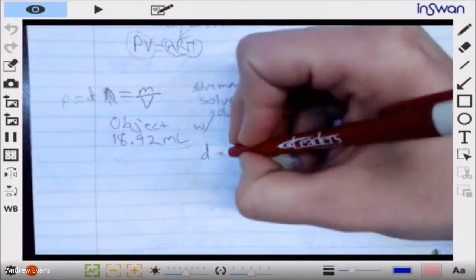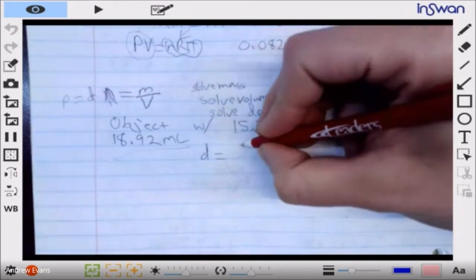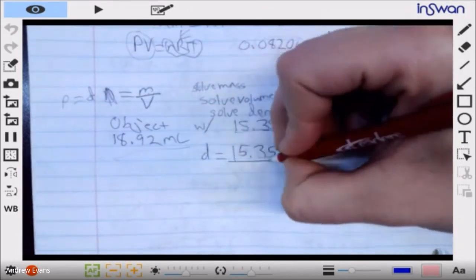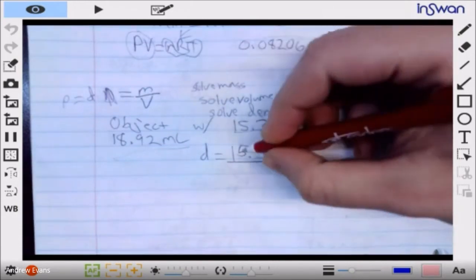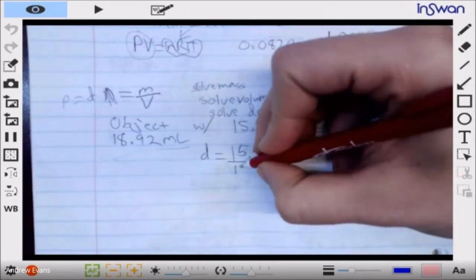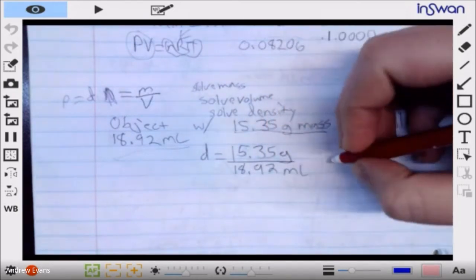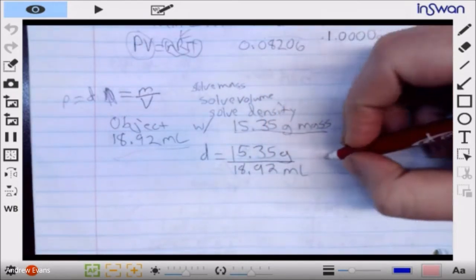Solving here, make sure we have this all set up. Note that as we do this division, there are 4 sig figs here, there are 4 sig figs here. Regardless of what my number is, I should technically report it to 4 sig figs.